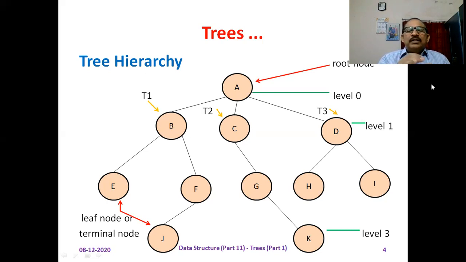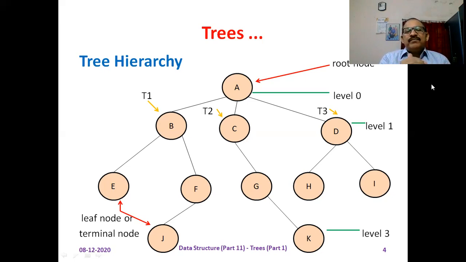Now what is the depth of node K? It is equal to the length of the path of this node from the root node. And what is the path? AC, CG, and GK. And how is a path represented? A path is represented by the edge followed by the arrow.